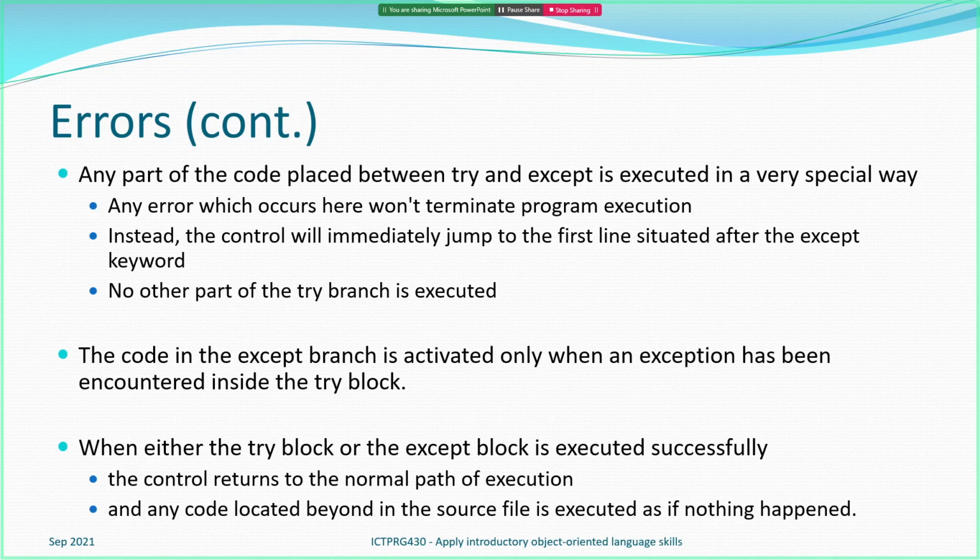It jumps to the first line under the except keyword, and no other part of the branch in the try will be executed. So if an error occurs, it stops trying to execute the code in the try branch and directly goes into the exception branch and executes the code there.